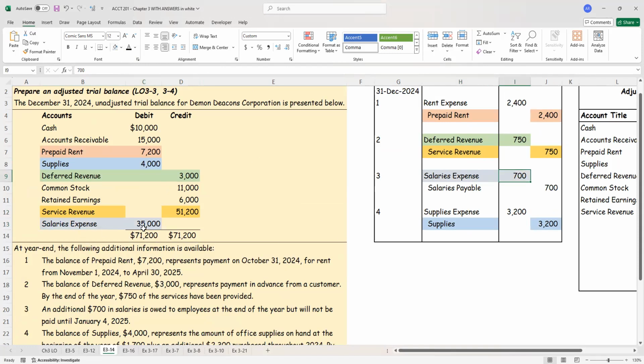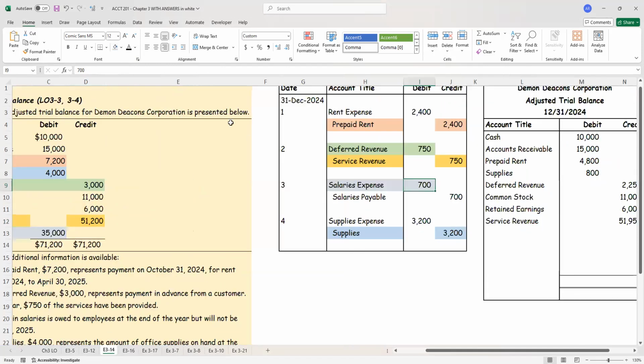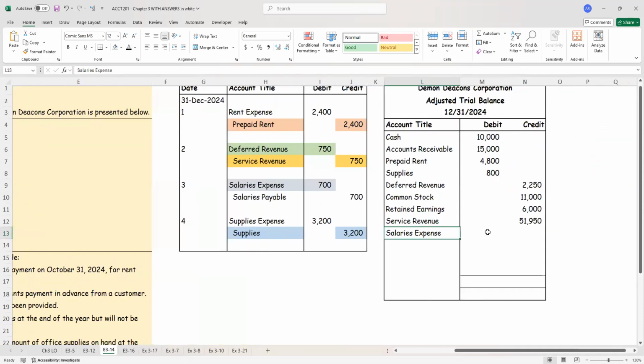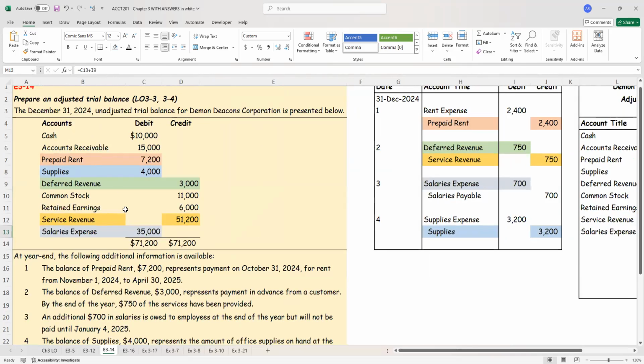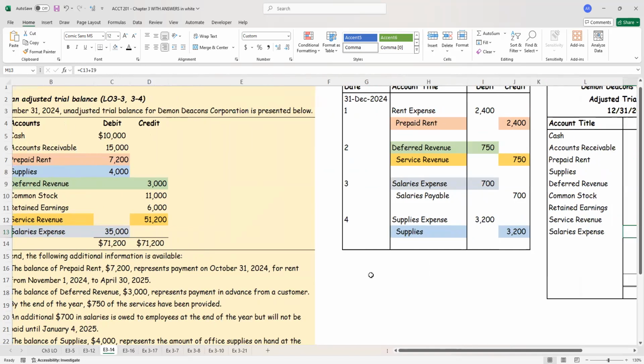Salaries expense, we had a debit balance of 35,000 and you're debiting salaries expense another 700. So you add the numbers together and you'll have salaries expense on the debit side. You add the two numbers and you'll get 35,700.